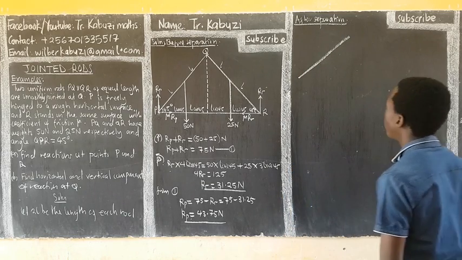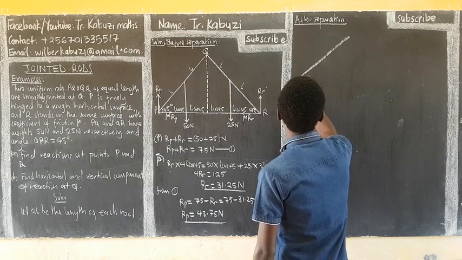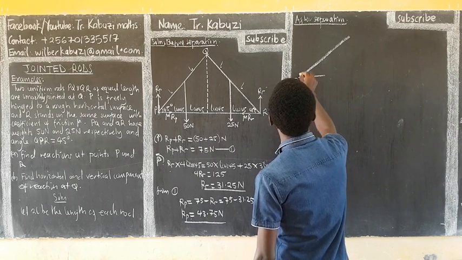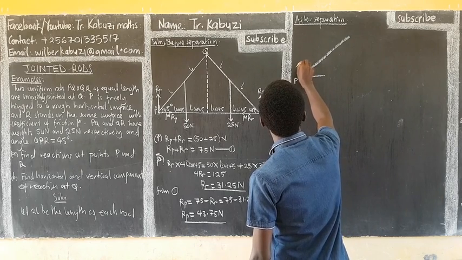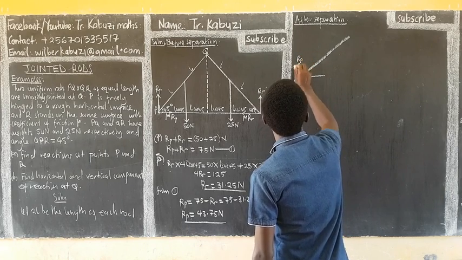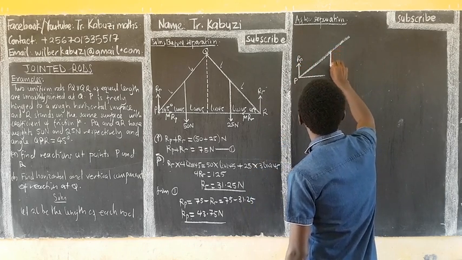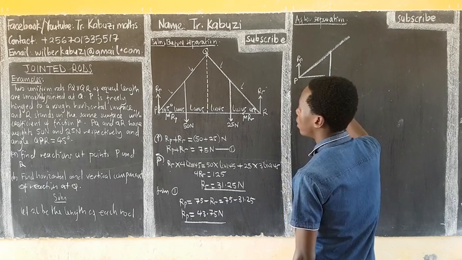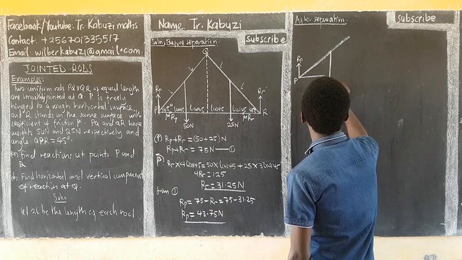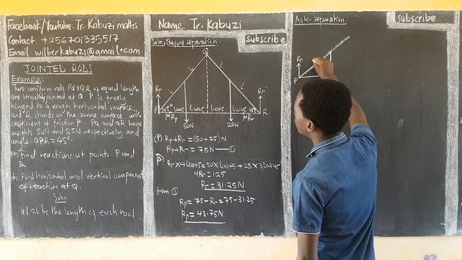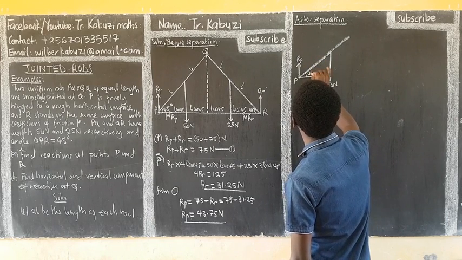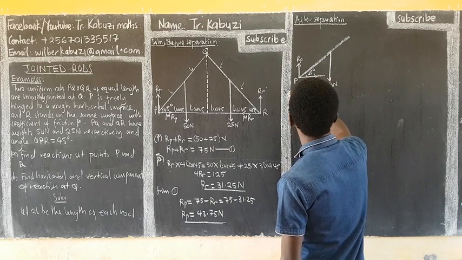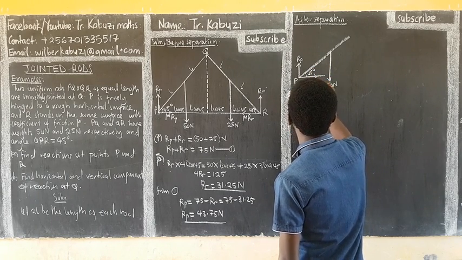Now here what I'm telling you, this is going to be our point P. So we are going to be having the reaction at P. Of course, we have our weight, which is acting downwards, which is 50 newtons. So this is our 45 degrees. Then we have this as mu RP.